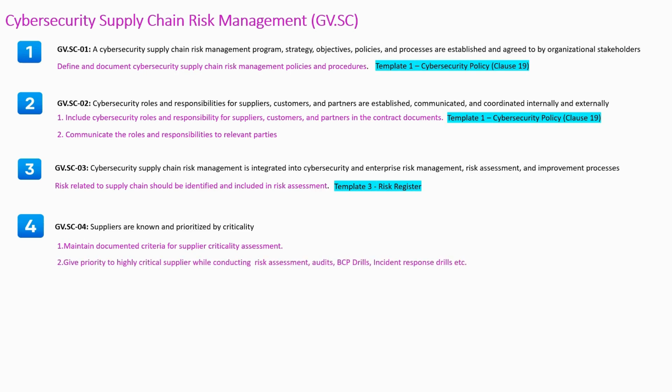Give priority to highly critical suppliers while conducting risk assessments, audits, BCP, incident response drills, etc. As we discussed earlier, we have defined criteria for determining the criticality of suppliers in clause 19 of our cybersecurity policy. You may like to use the same template.